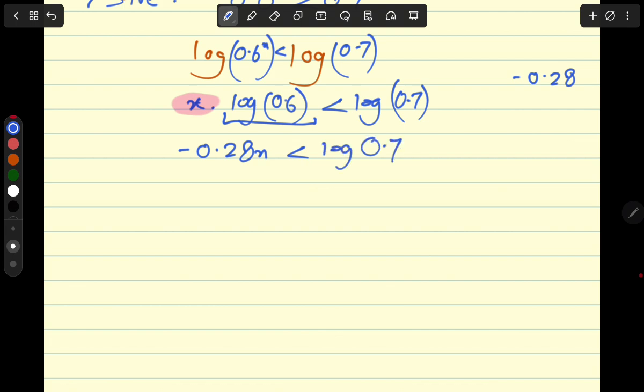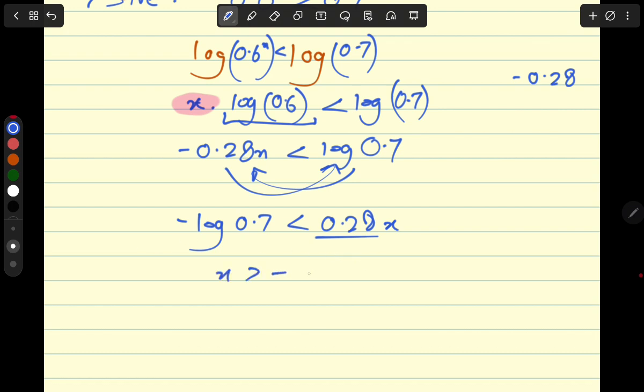Now what I need to do is bring this here, and this is going to become negative log of 0.7 is less than 0.28 of x. Now this becomes positive and I divide. So now this is going to become x is greater than negative, whatever this number is. Maybe this number is negative 0.35. I don't know. So I will write down negative 0.35.